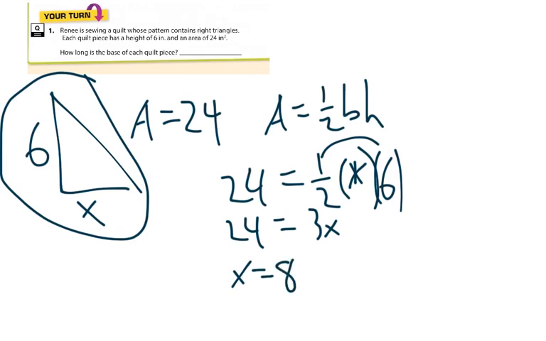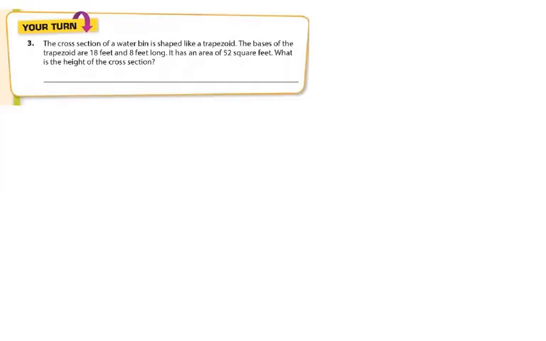So yeah, I didn't draw it to scale. That's totally fine. But I did have a picture to kind of help me make sense of the information, and I was able to solve the equation and get the right answer, which is 8. Let's do one more example, and then we'll call it good.